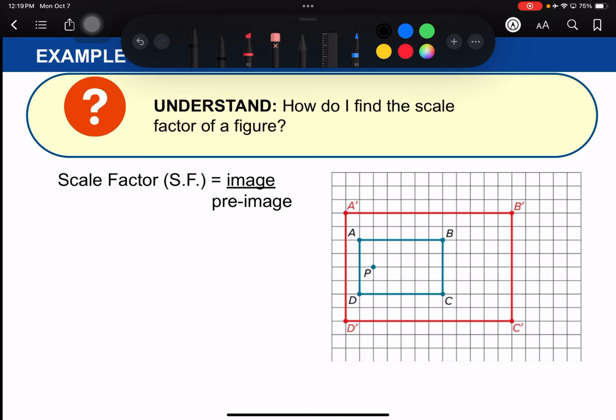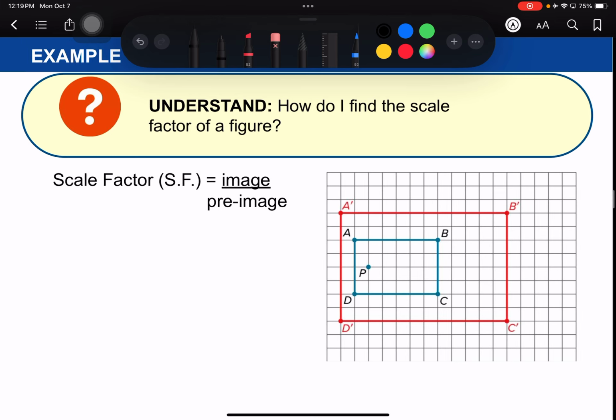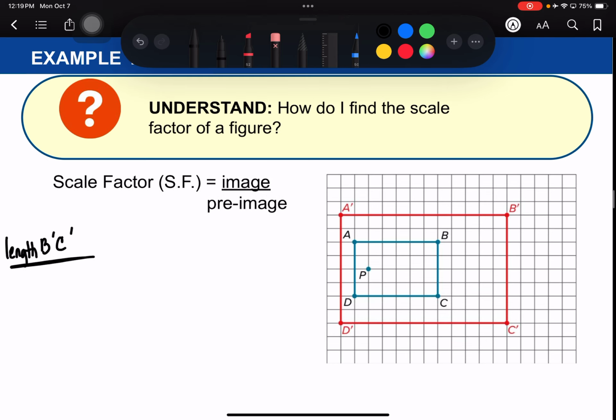Okay? What is the length of B prime C prime? 12? Nope. What's the length of B prime C prime? 8.